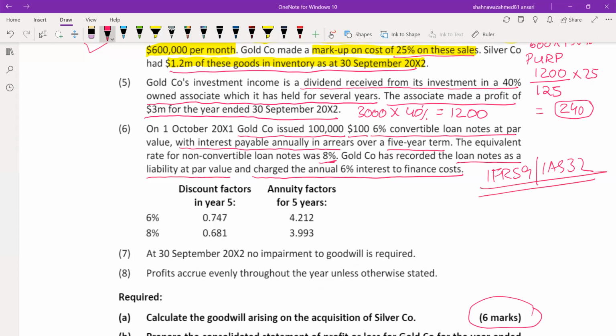What we need to do? We need to identify the correct finance cost related to this. We have already charged 6% interest. So interest charge in the profit and loss account is 10,000 multiplied by 6%, it's 600. This is the interest we have already charged.